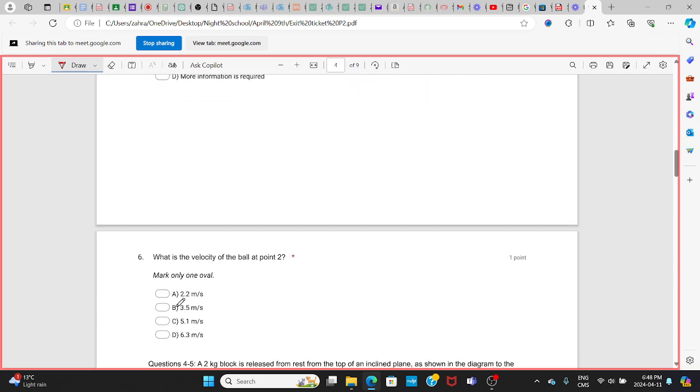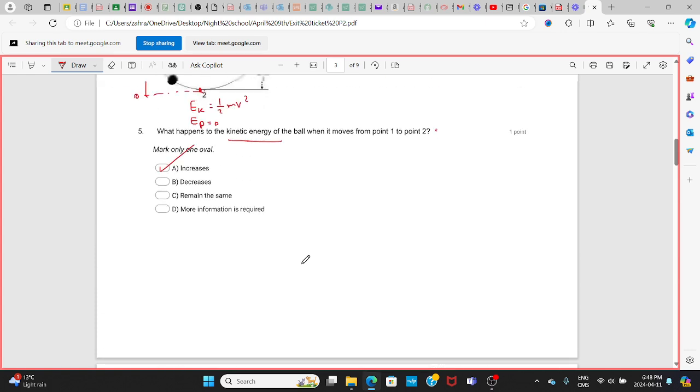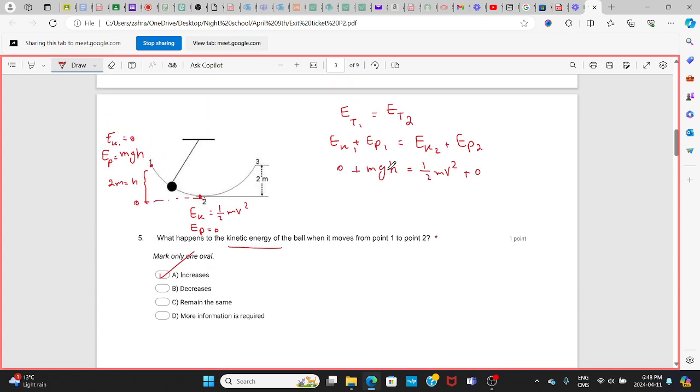Now, the next question said, what is the velocity at point 2? This is what I have. I can work through it. So I have mgh is equal to half mv2. Mass and mass cancel. Taking the 2 to the other side, it's going to be 2gh. Velocity would be the square root of 2g multiplied by h.